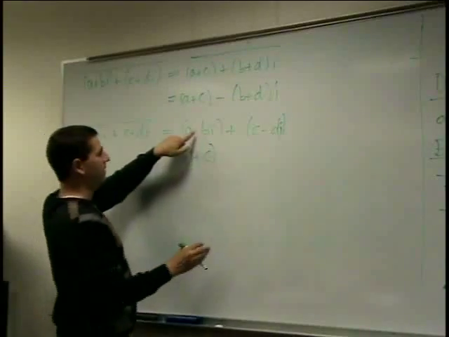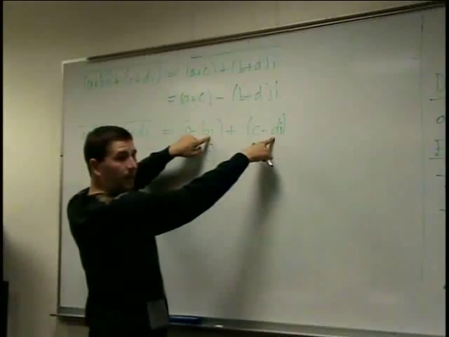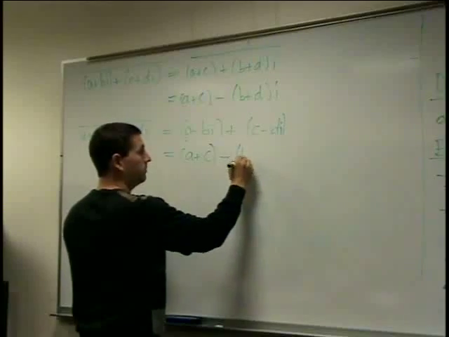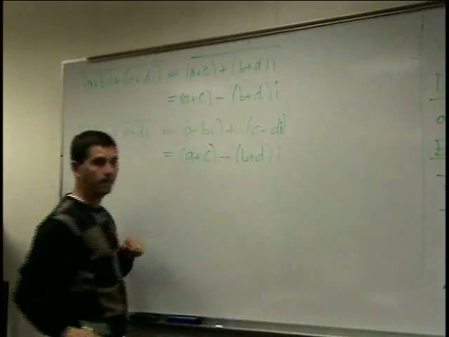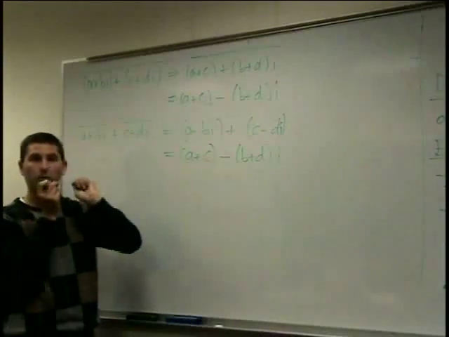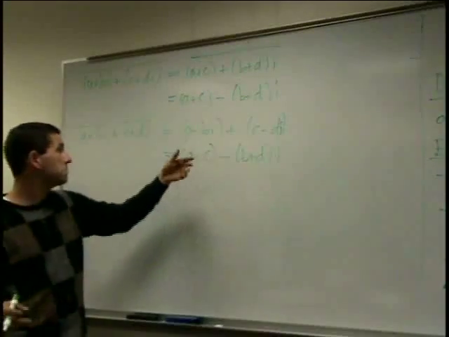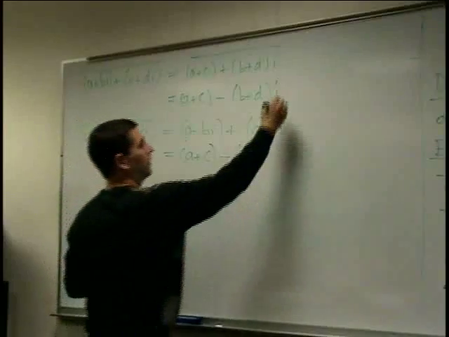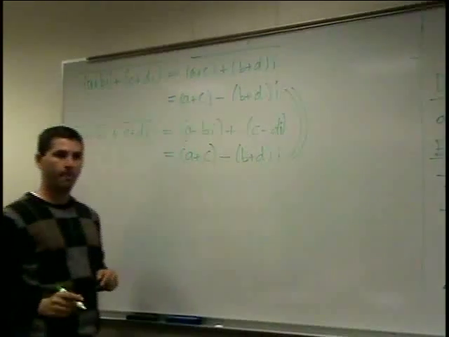And then we have minus bi minus di. That's the same thing as minus b minus d, and you can pull the minus out, making it b plus d. Good, they're the same thing. So it works.